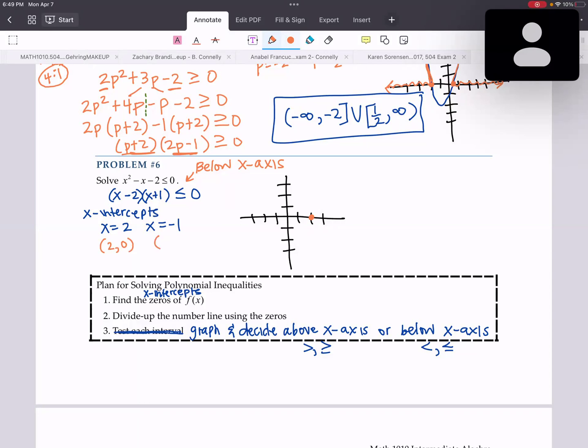And then x equals negative 1 is our x-intercept at negative 1 comma 0. So that is here. All right, and then again, all of these happen to be positive, so these are all right side up parabolas.